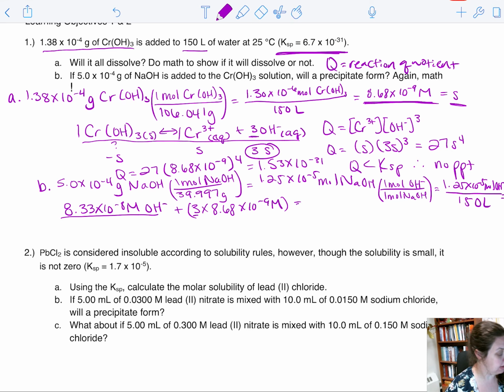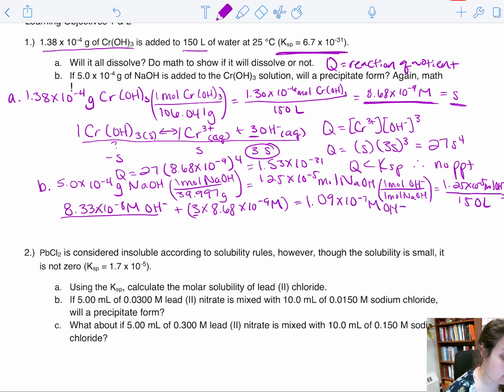When we add those together, we get a concentration of 1.09 times 10 to the negative 7 molar hydroxide ions.